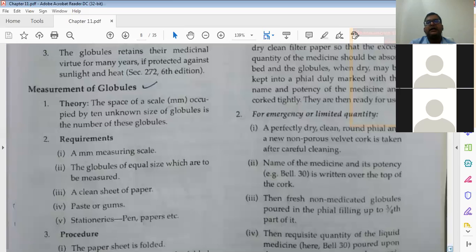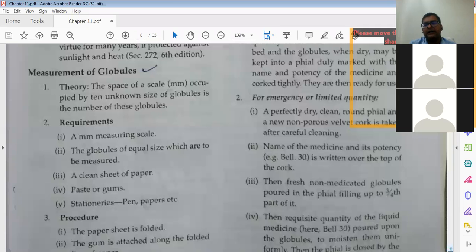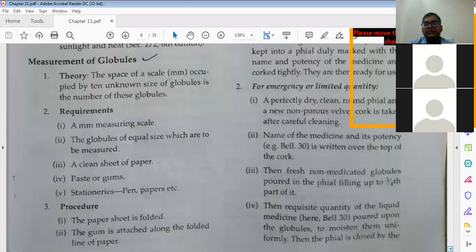For example, here the example is given like belladonna 30, which is written over the top of the cork. On the top of the cork you have to write belladonna 30. Then fresh non-medicated globules are poured into the file, filled up to 3/4 of it. Again remember, 1/4 will be empty.